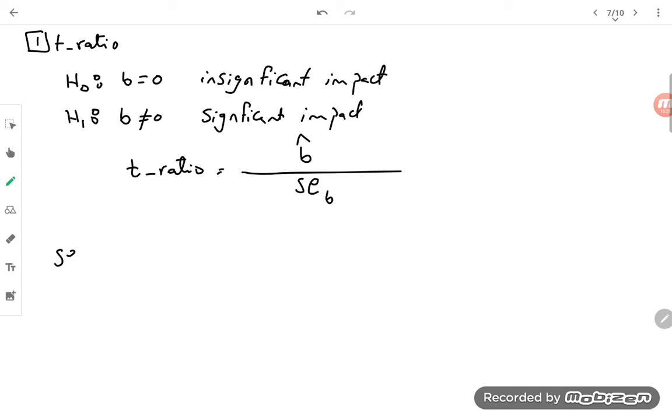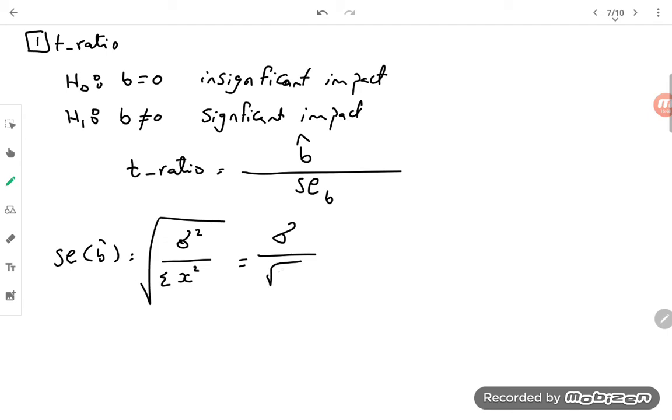Standard error of B hat is calculated as square root of sigma squared divided by summation small x squared, or can be written as sigma divided by square root summation small x squared. What's the small x? Any small notation means deviation from the mean.